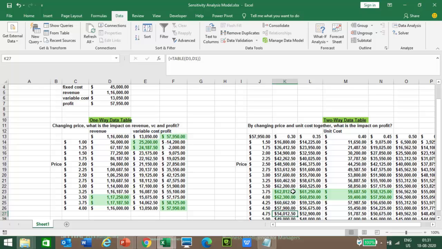This is the price at which your profit is getting maximized. Now this is an example of a two-way sensitivity analysis where we have changed two parameters, the price and the cost, to see its impact on the profit function.